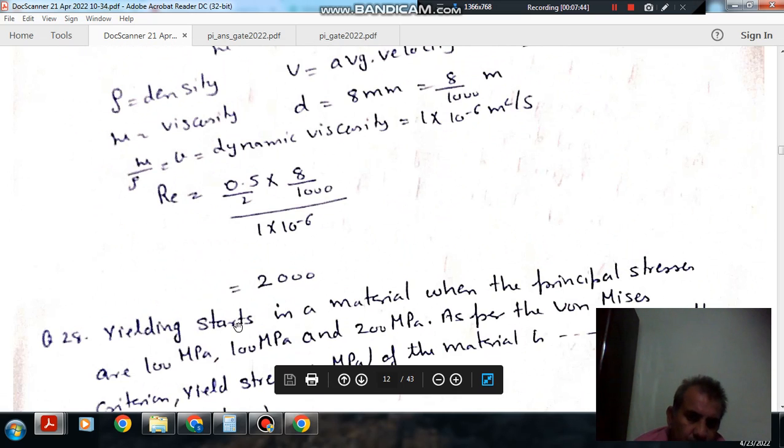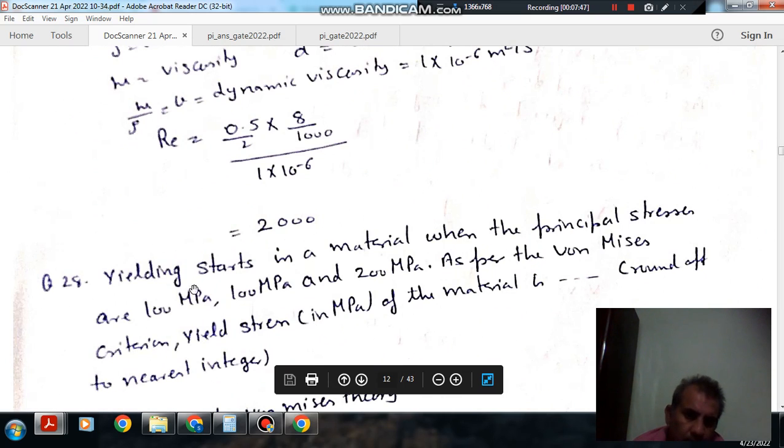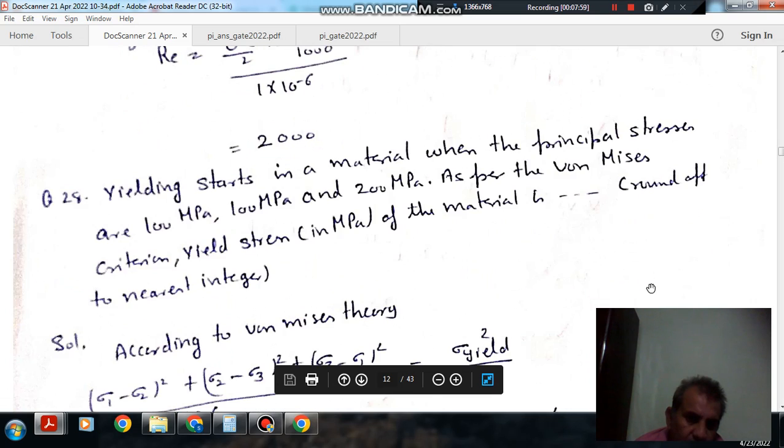Next, yielding starts in a material when the principal stresses are 100 MPa, 100 MPa and 200 MPa. As per the von Mises criterion, the yield stress of the material is dash, round up to the nearest integer.